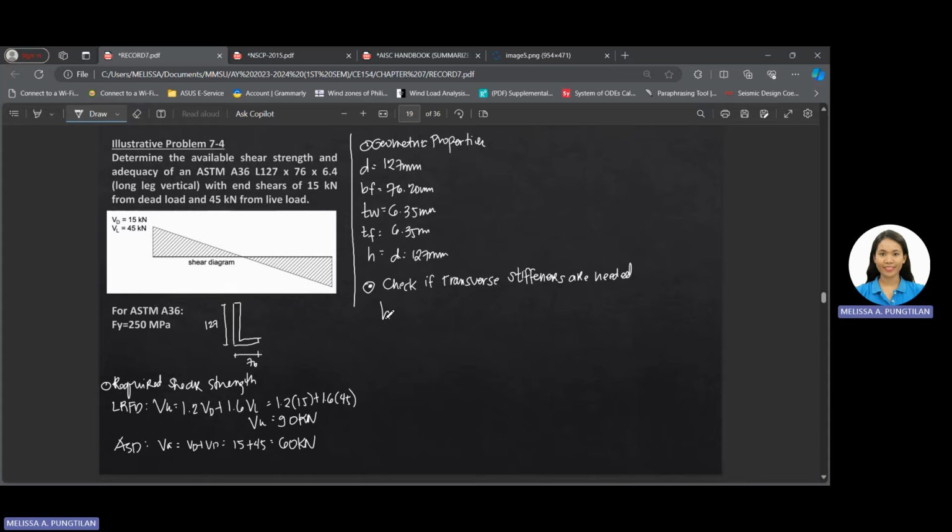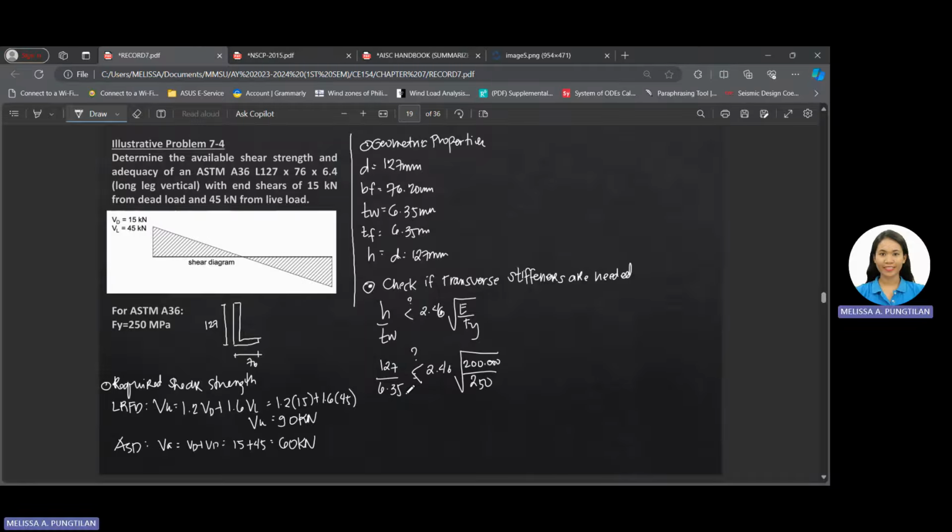So we have H all over TW. Is it lesser than 2.46 square root of E all over Fy? So yung ating H is equal to the depth, which is 127 millimeter, divided by 6.35 is equal to 2.46 square root of 200,000 divided by 250. Sorry. Is it lesser than?